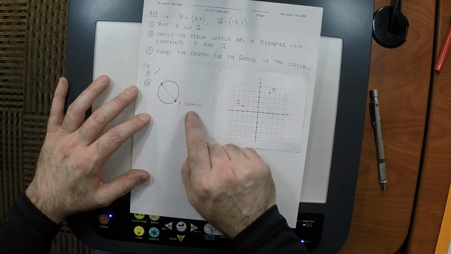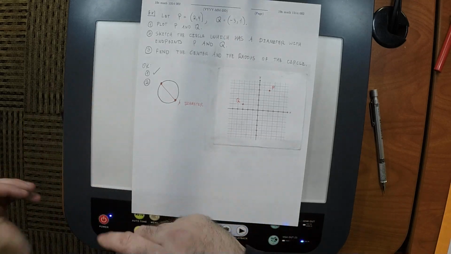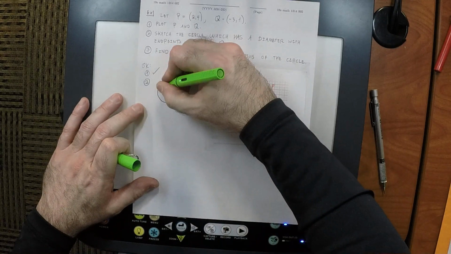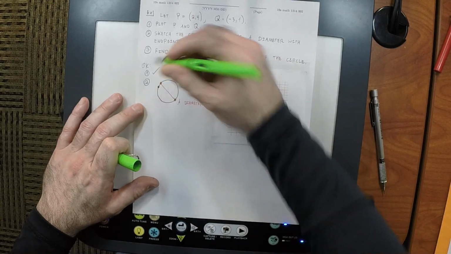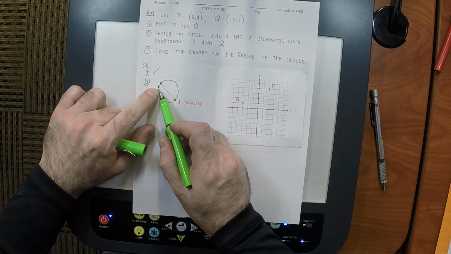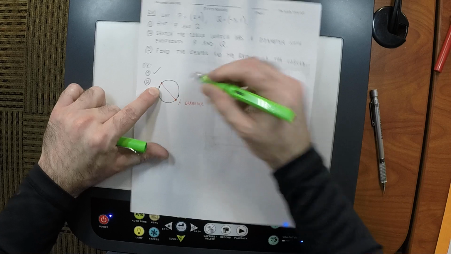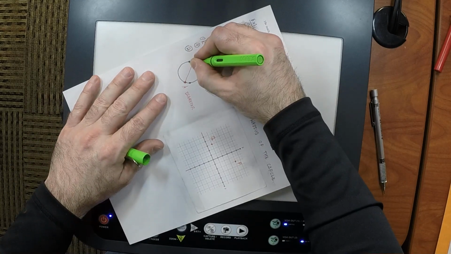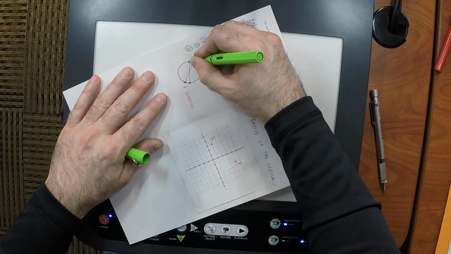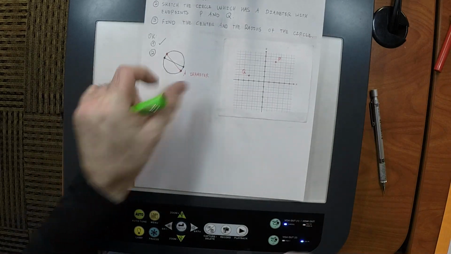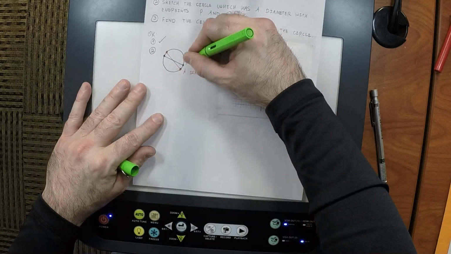When you say a diameter, that indicates non-uniqueness, because if I choose this point right here, then the furthest point on the circle from that one is about right there. And that green line I just drew is another diameter.